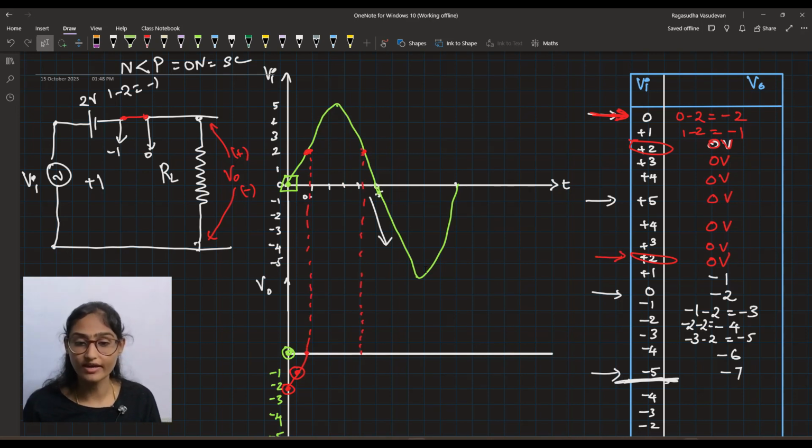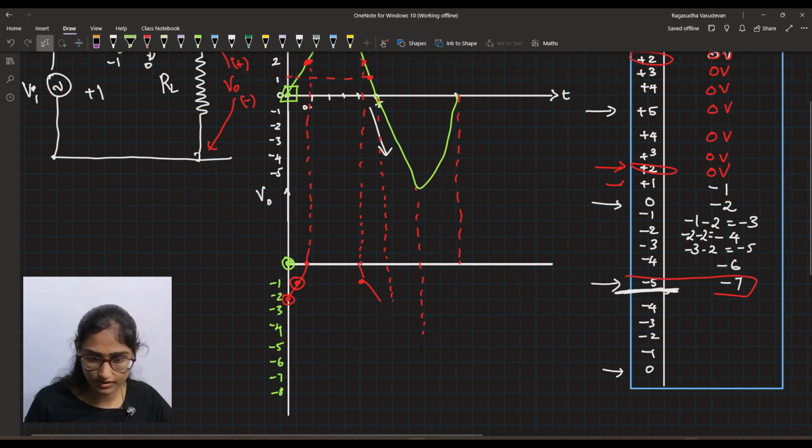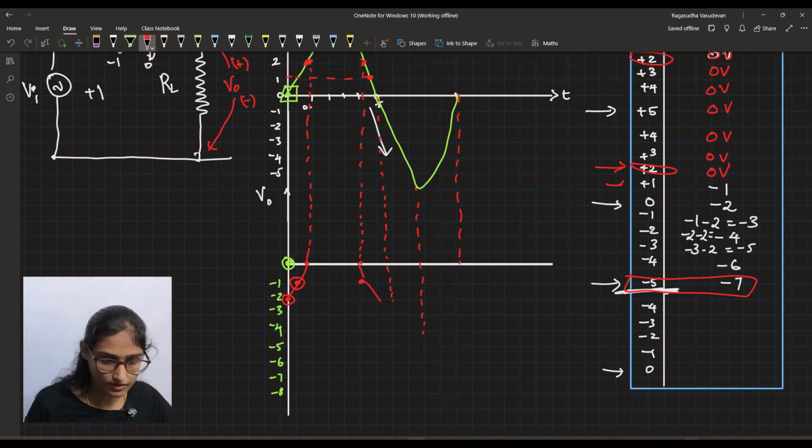So when this is 2, it is 0. When Vi is equal to plus 1, at the downward slope, what will be V0? Minus 1, then minus 2. Then when it is the positive maximum of plus 5, it reaches minus 7. So from here it will reach minus 7.